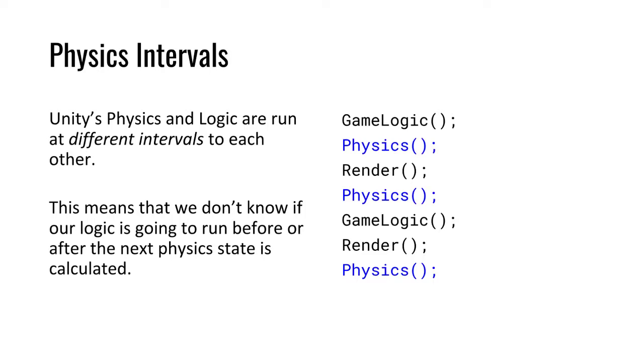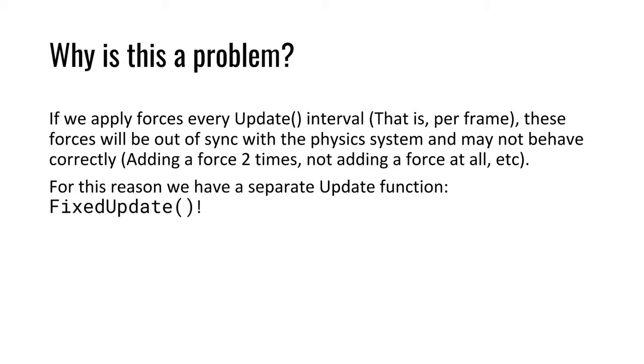That causes a couple of issues when we're trying to manipulate physics on this game logic interval. It causes problems with forces being out of sync. If you try to add a force every frame, but your physics interval happens twice before the next update, timing gets out of sync.